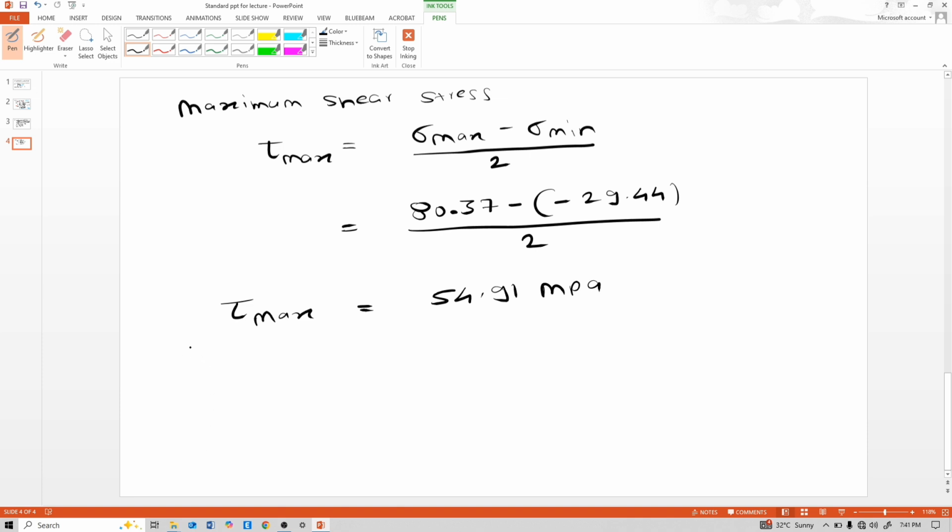Now next step is principal plane calculation.